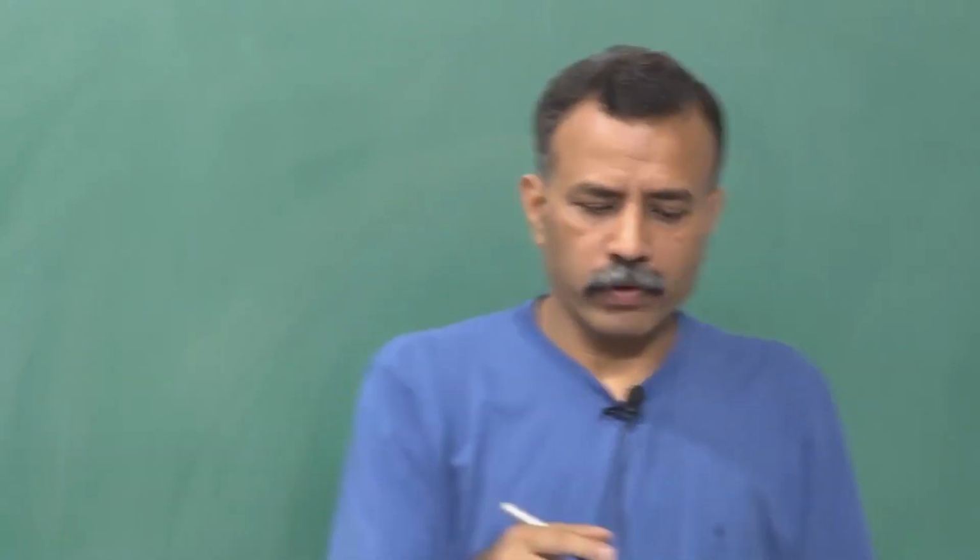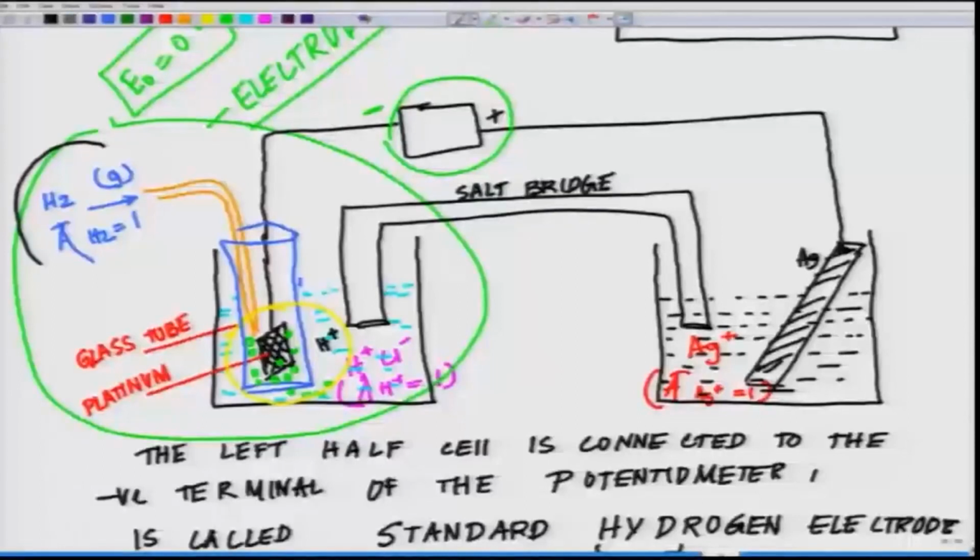It is kept in a hydrogen chloride solution where the H plus ion activity is 1, and an equilibration happens on this electrode.